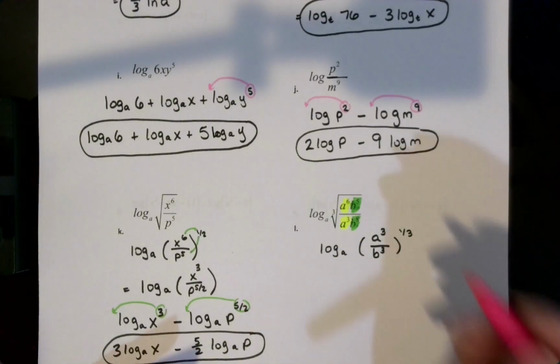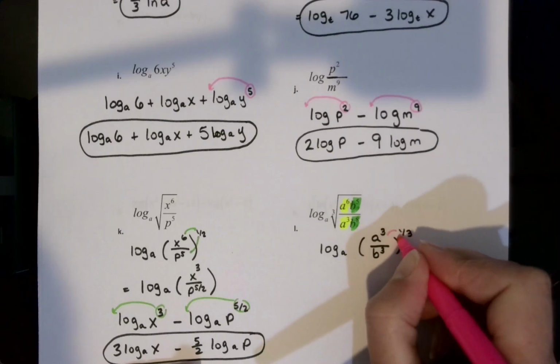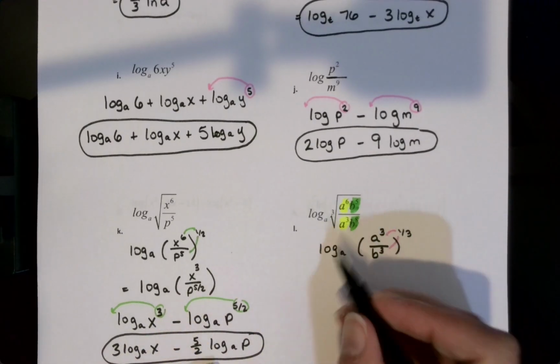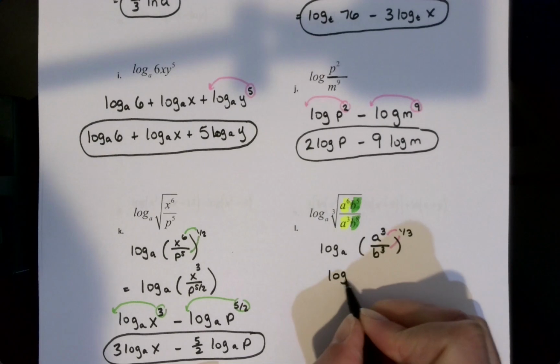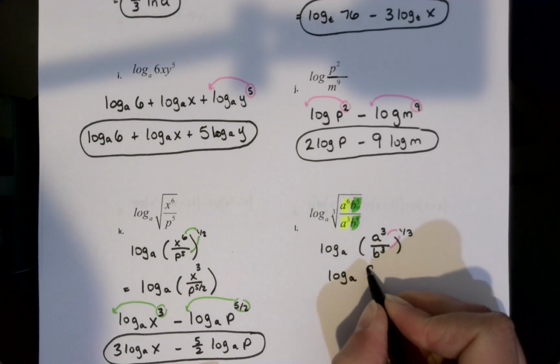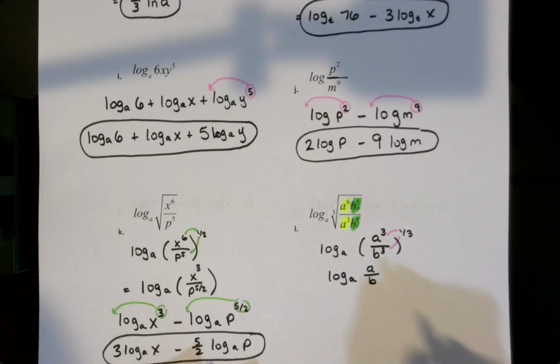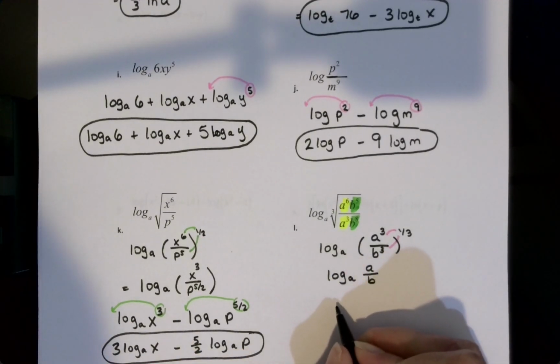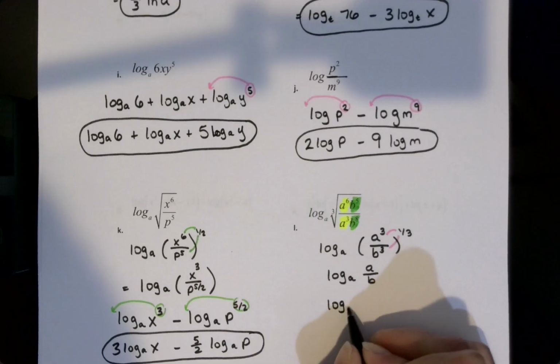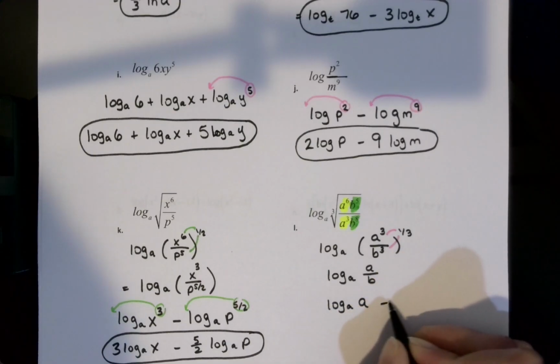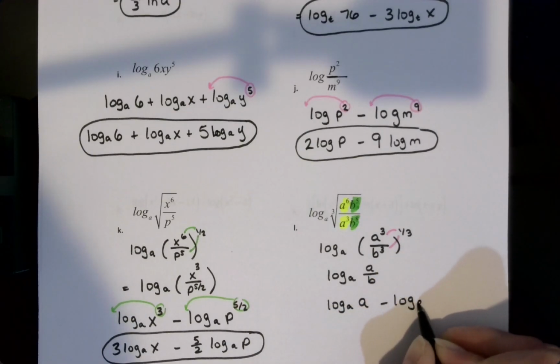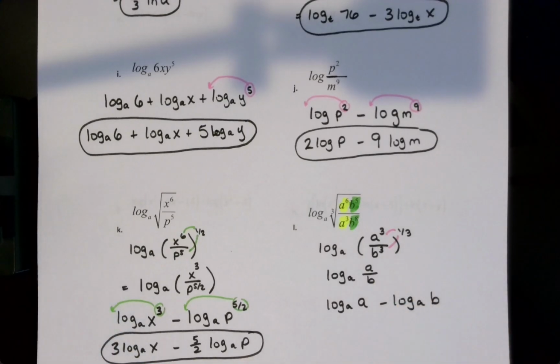Now when we apply this power to both parts of the quotient here, this simplifies to log base a of a over b. And I can separate that into a subtraction: log base a of a minus log base a of b.